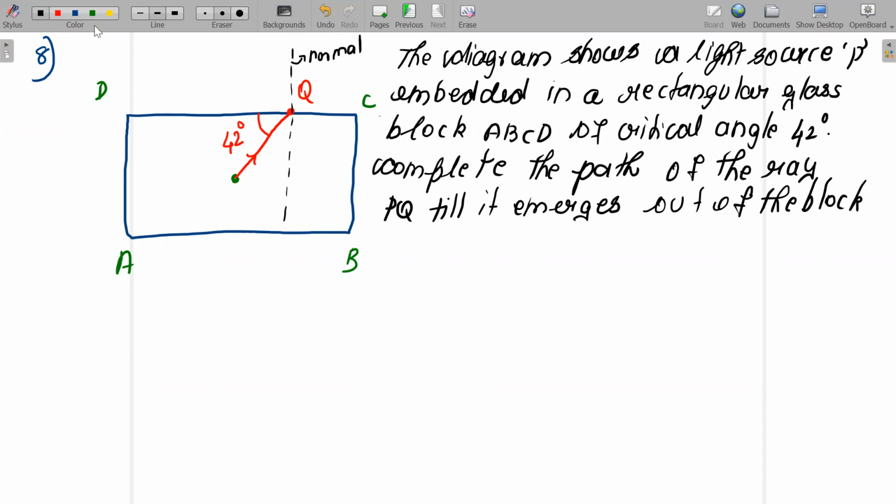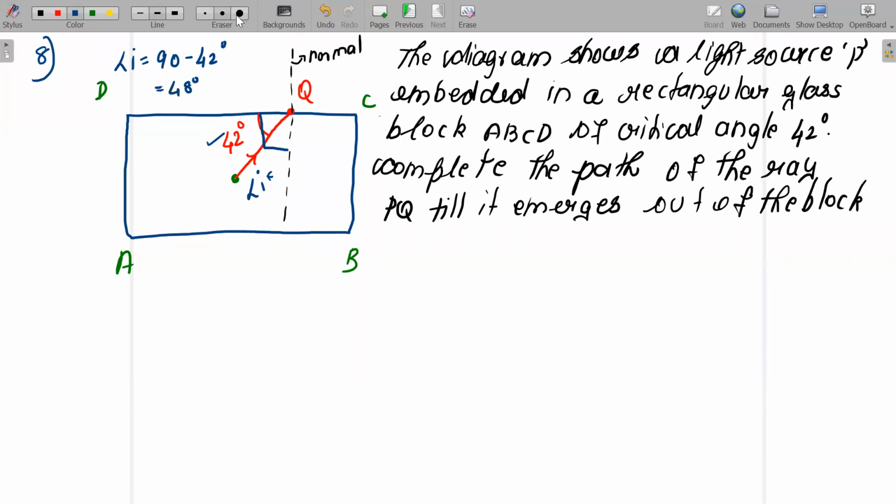Okay. So you know that the normal angle should be 90 degree. Am I right? They given this as 42 degree. So what will be this angle of incidence? In order to find angle of incidence, what you have to do? 90 minus 42 degree. Then it will be 48 degrees.